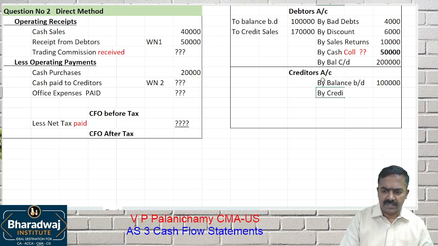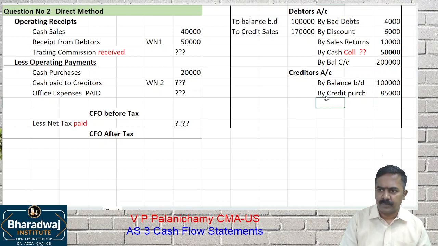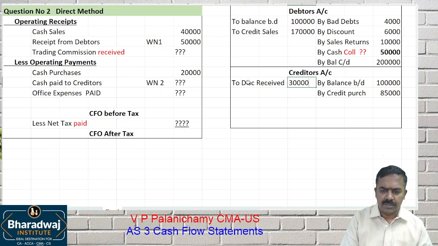By credit purchases. What is the credit purchases? 85,000. Then to discount received. How much? 3,000. 3,000 discount received.